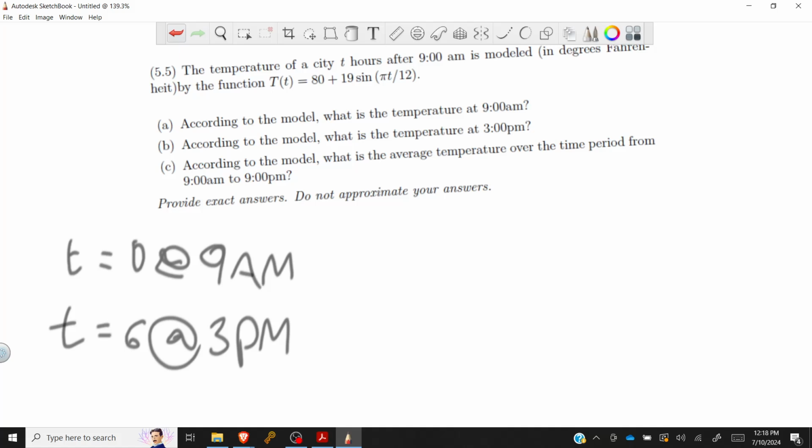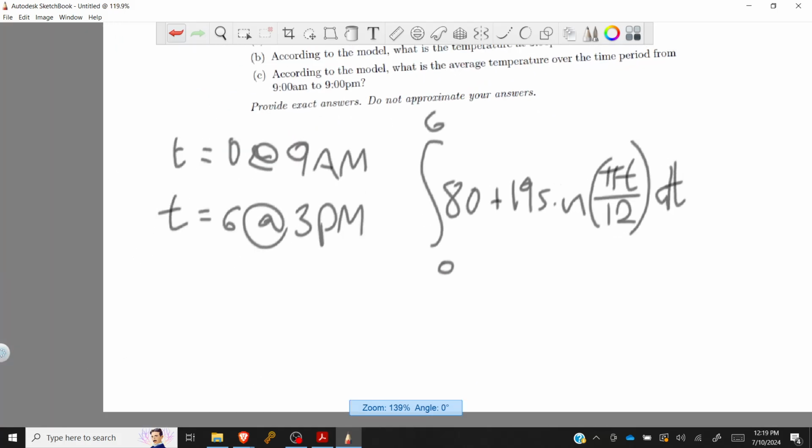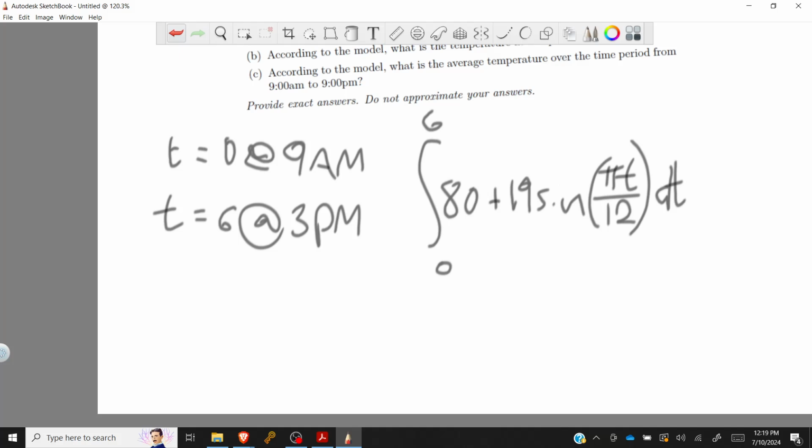So now it's going to have you take the integral from 0 to 6 of 80 plus 19 sine pi t over 12 dt. And you can tackle this a few different ways.